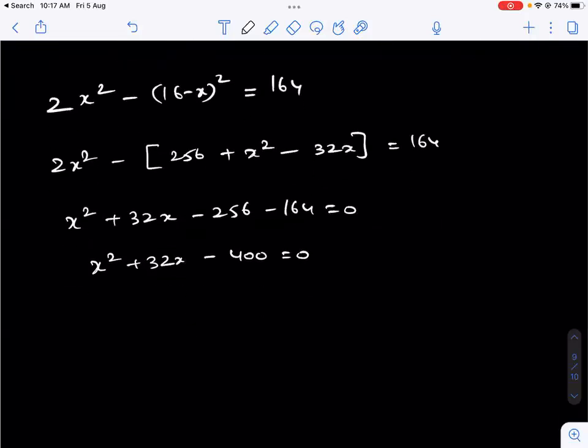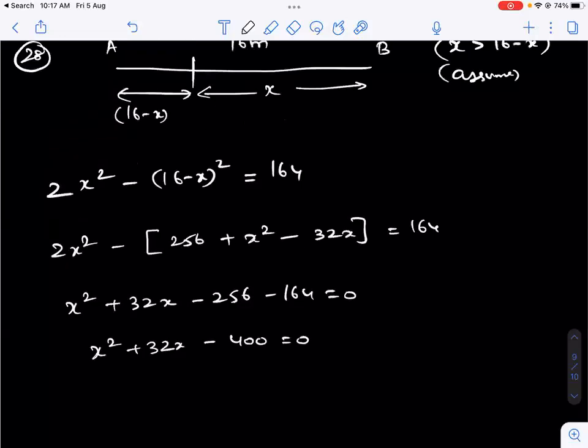So 400, how can I split and write it? Wait a minute, none of the options are matching.